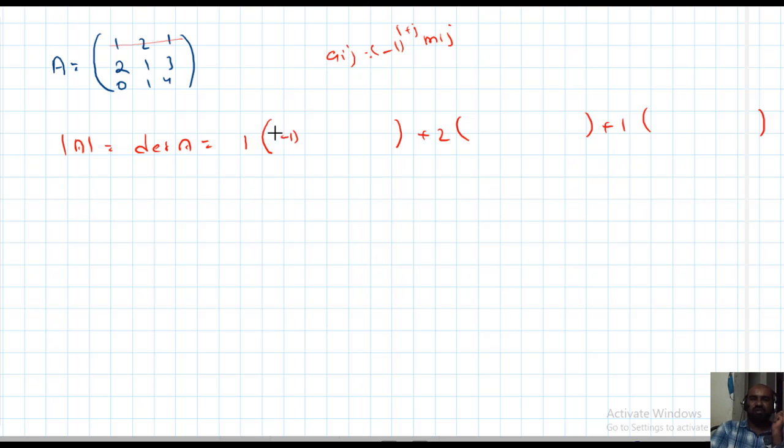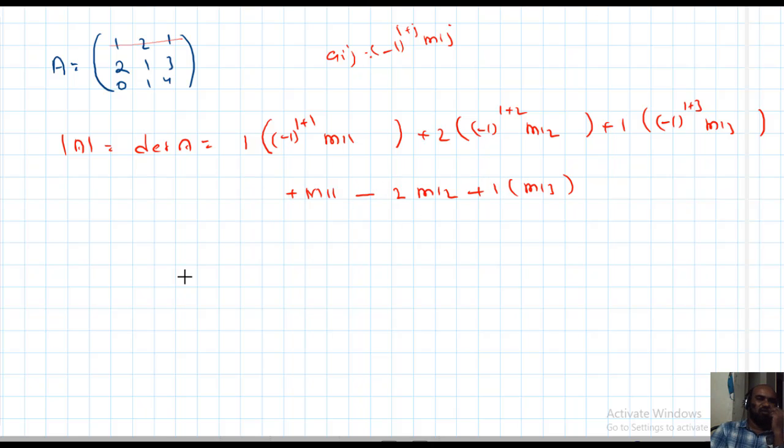So minus 1 power 1 plus 1, first row first column element, into M11. Minus 1 power 1 plus 2, first row second column, M12. Minus 1 power 1 plus 3, first row third column, into M13. So it is M11 minus 2 times M12 plus 1 times M13. Alternate symbols: plus, minus, plus.